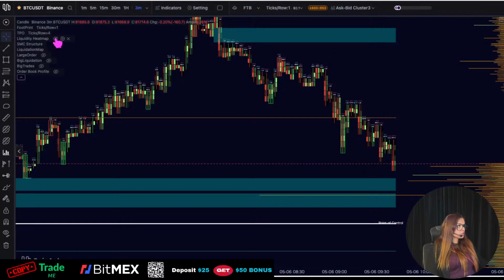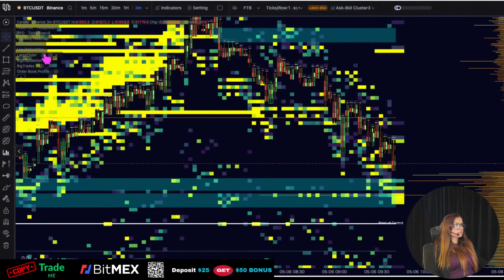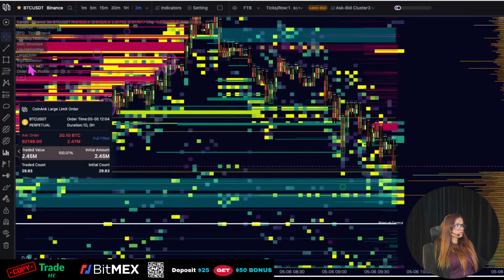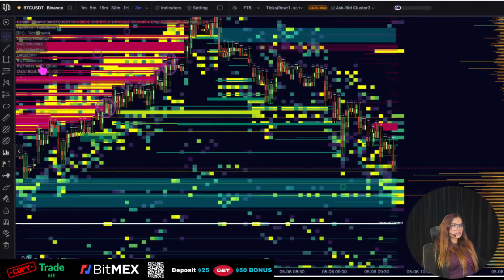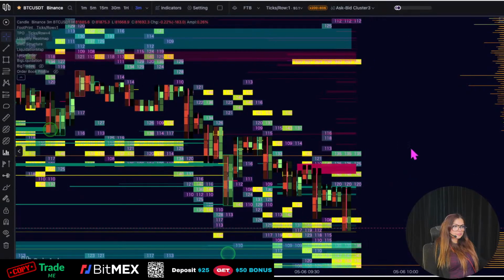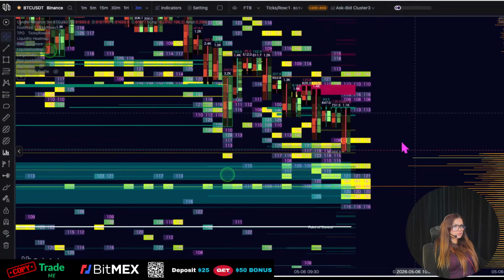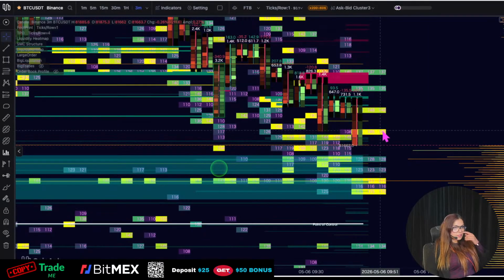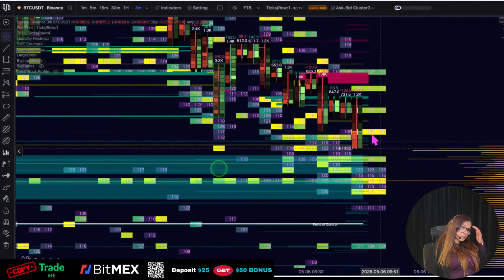And let's have a look at cumulative volume delta. We don't need big trades on there. So these guys were taken out. These guys were taken out.